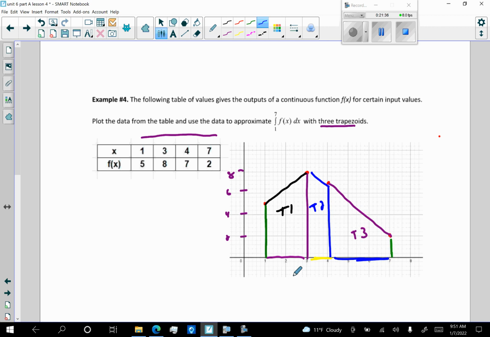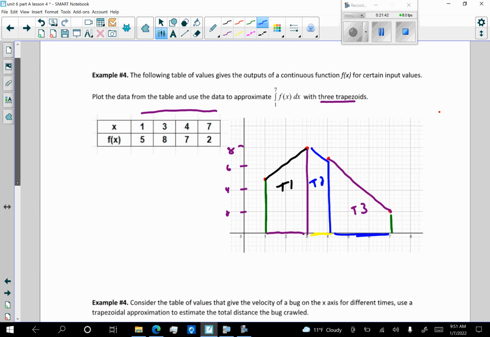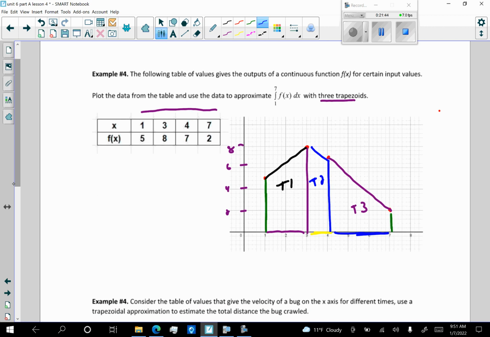We're still going to approximate it with 3 trapezoids. And this is actually going to be an easier problem than one we did, or less convoluted, if you will, not as many decimals. I'm still going to write it as trapezoid 1 plus trapezoid 2 plus trapezoid 3. What's the area of a trapezoid? It's 1/2 the sum of the bases.